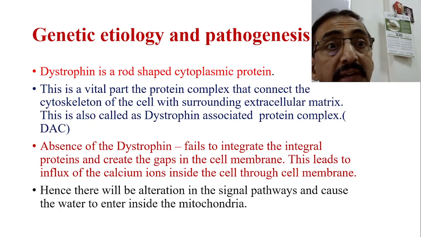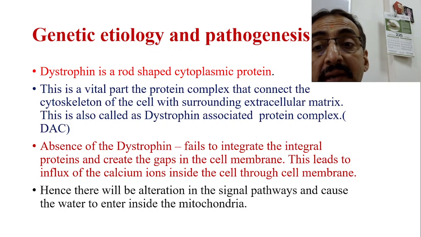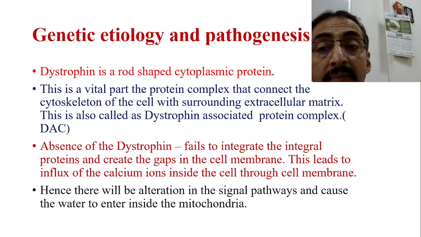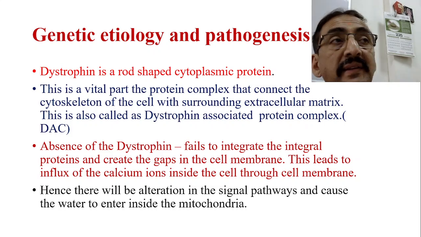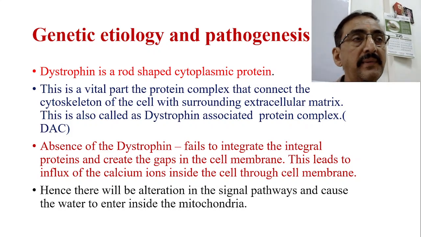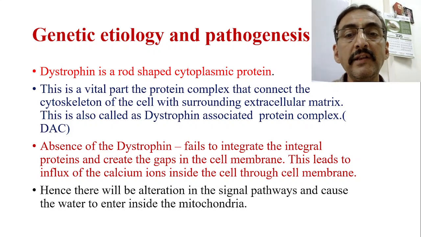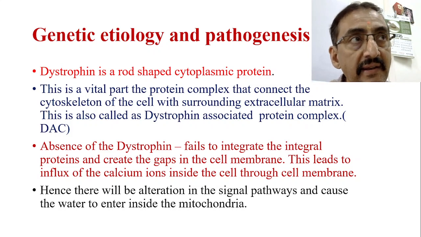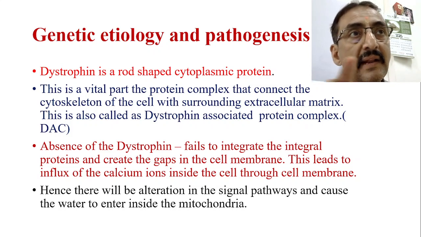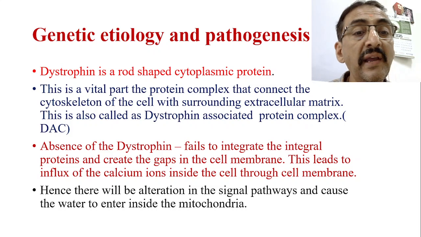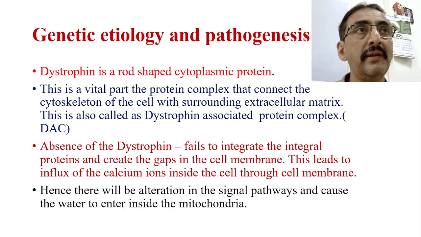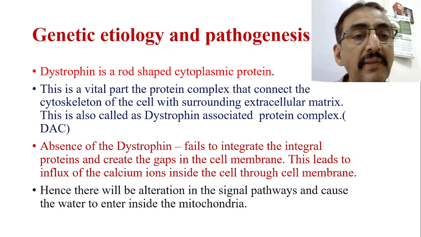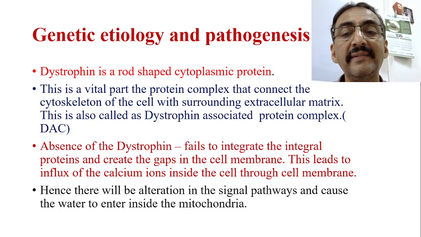Now, absence of the dystrophin fails to integrate the integral proteins and creates gaps in the cell membrane, and this leads to influx of calcium ions. Through that gap the calcium ions start going inside the cell.